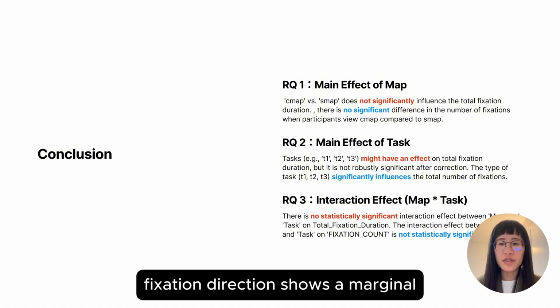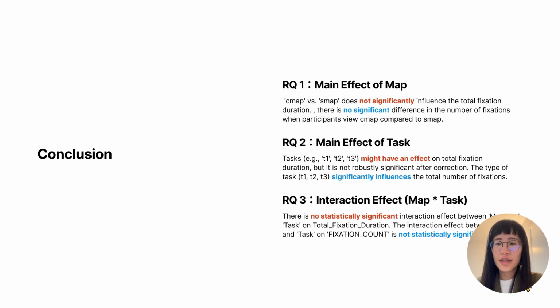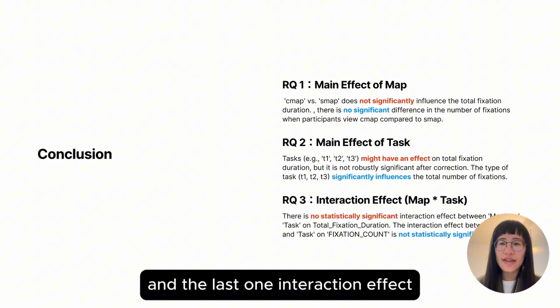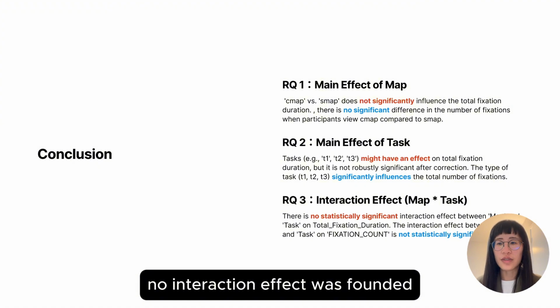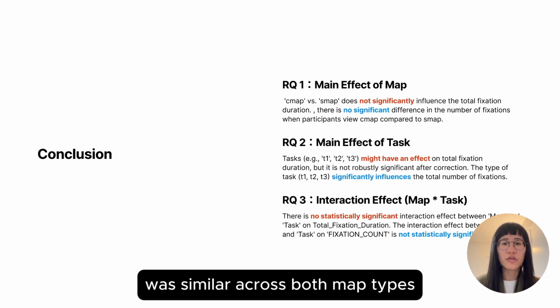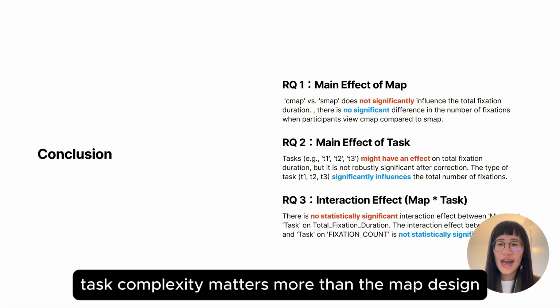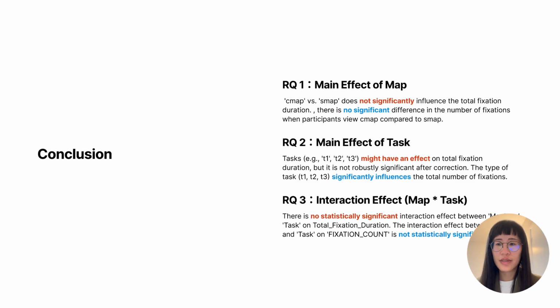Fixation duration shows a marginal but not significant trend. And the last one, the interaction effect. No interaction effect was found. The influence of the task on cognitive load was similar across both map types. So, overall, task complexity matters more than the map design in this experiment.